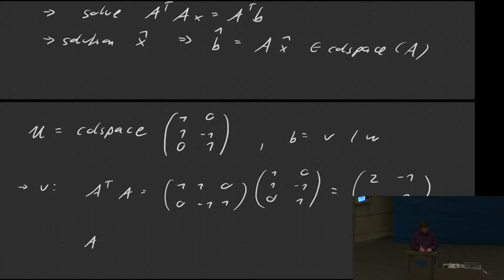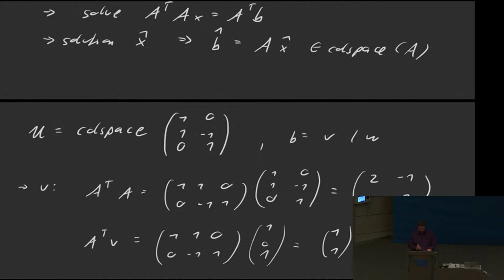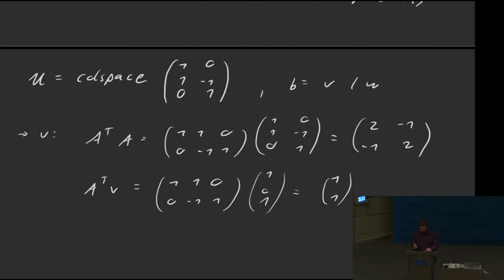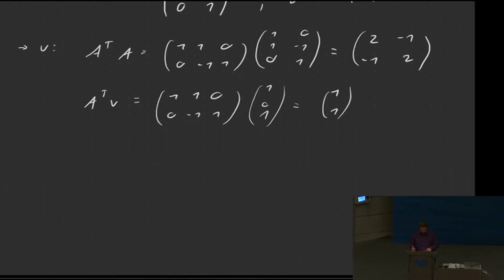And then we need A transpose B. So in this case, A transpose V. So this is A transposed, and our vector V, that was 1, 0, 1. So we get 1 and 1. And of course, this is a step you need to do for each of those vectors, right? If you also want to do it for W, you have to do that one again.